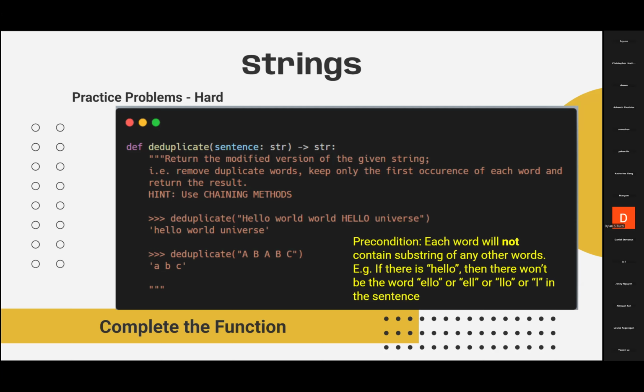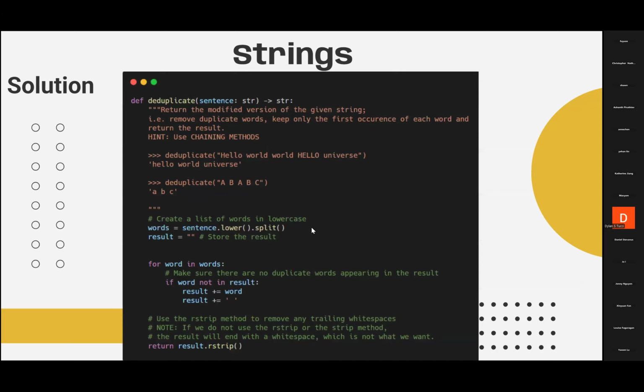So that the hello that is uppercase before is now lowercase, and it's now equal to the first hello that is in lowercase. So first you need to lowercase the whole sentence, and you have to find a way to somehow break the sentence into words.